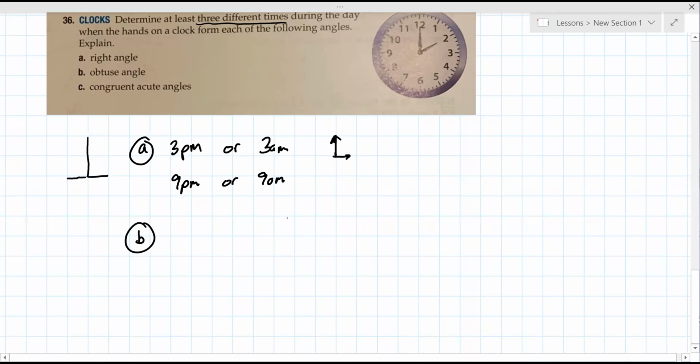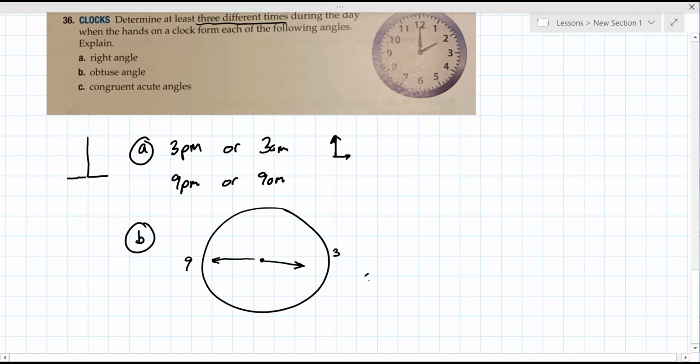I can't believe we're even drawing this, but let's just say the minute hand is pointing to the 9, and the hour hand is pointing somewhere just past the 3.